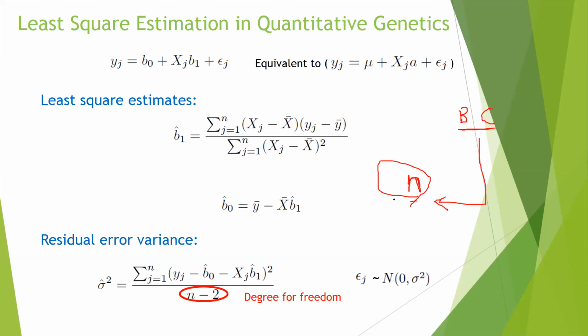Because you have n pieces of independent data for analysis, initially you have n degrees of freedom. However, when you do the estimation using this model, there are a total of two parameters that you need to estimate, right? So when you use the data of n degrees of freedom to estimate these two parameters, you lose 2 degrees of freedom.